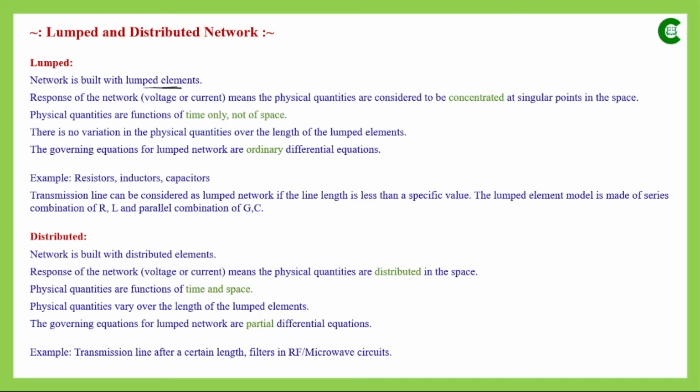As I said, over the length they will vary, and the dynamics of a distributed network are represented by partial differential equations. A transmission line beyond a certain length will be taken as a distributed network, and also the filters that we use in RF or microwave circuits are a good example of a distributed network.